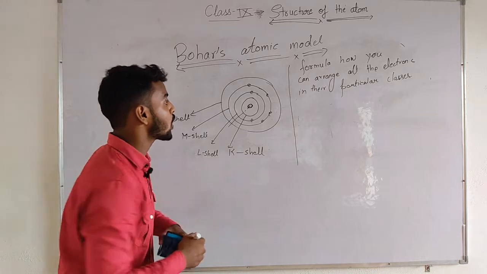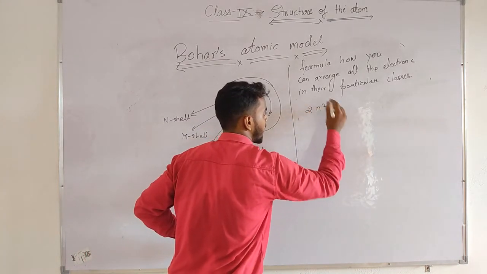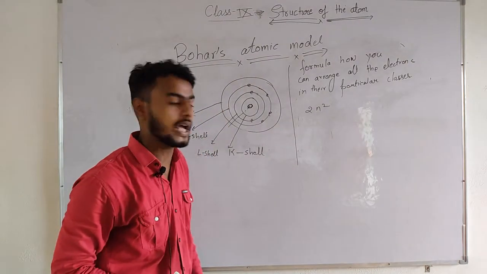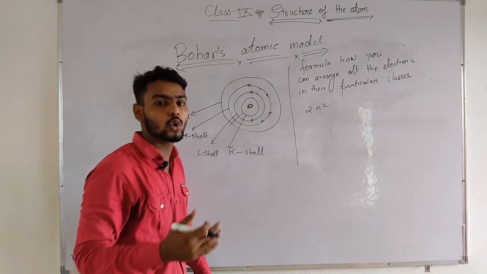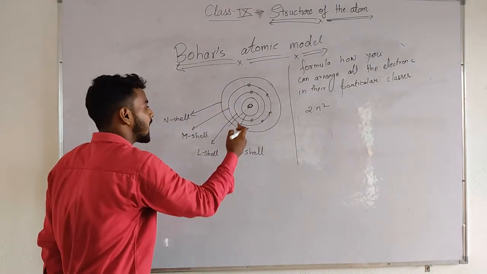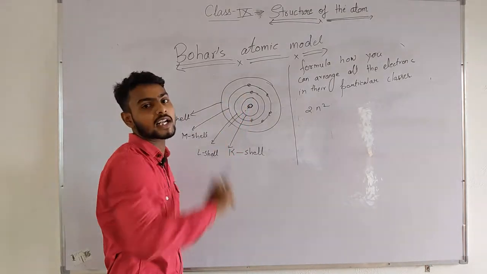Now he gave a formula, and that formula was 2n square. It is the formula you use when you want to know how many electrons are present in each particular shell.